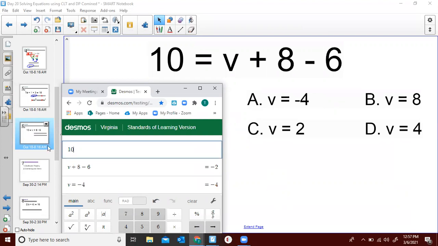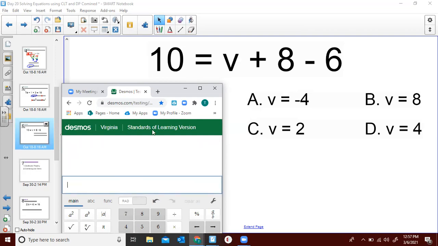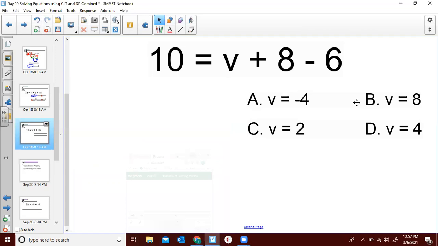Well, for my left-hand side, I have 10. That doesn't change because there's no variable attached to it. And my right-hand side is -2. So I know A is out. Let's try B, which is 8. Here we go. We got lucky. Left-hand side is 10. It stays 10. There's no variables attached. Our right-hand side becomes 10 because we put in 8 everywhere we saw a b. That's what Desmos does. So our correct answer is B.